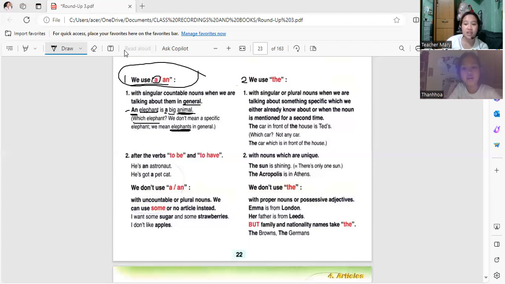Okay, I will repeat again, Tan. When you say general, it tackles about one singular countable nouns. That it means singular, it is only one, right? But it only says here that an owl is an animal.